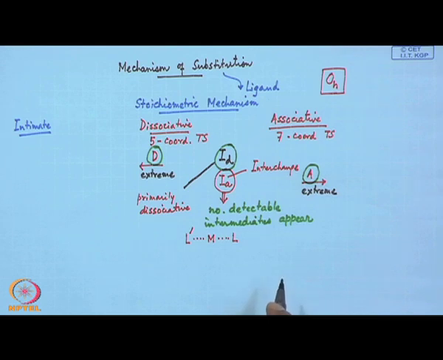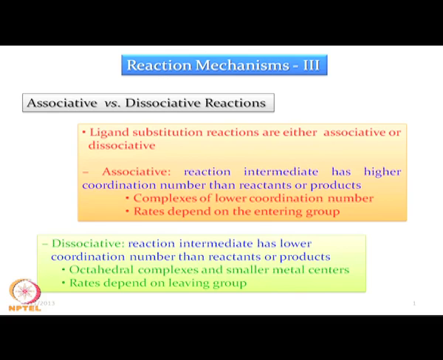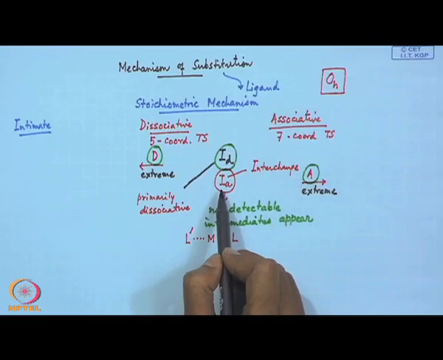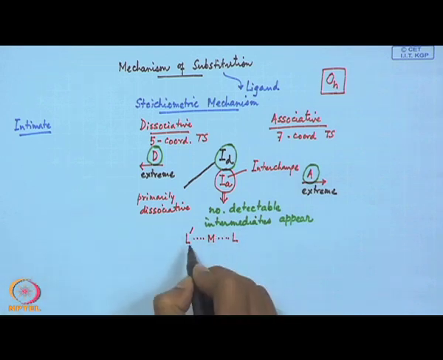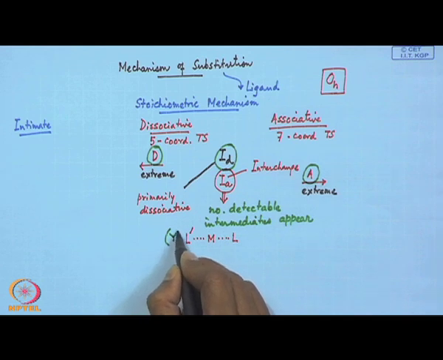When the kinetic evidence is present, pointing to association or dissociation, but detection of intermediates is not possible, we get either D or A or Ia or Id. So, this L prime can be a capital Y.